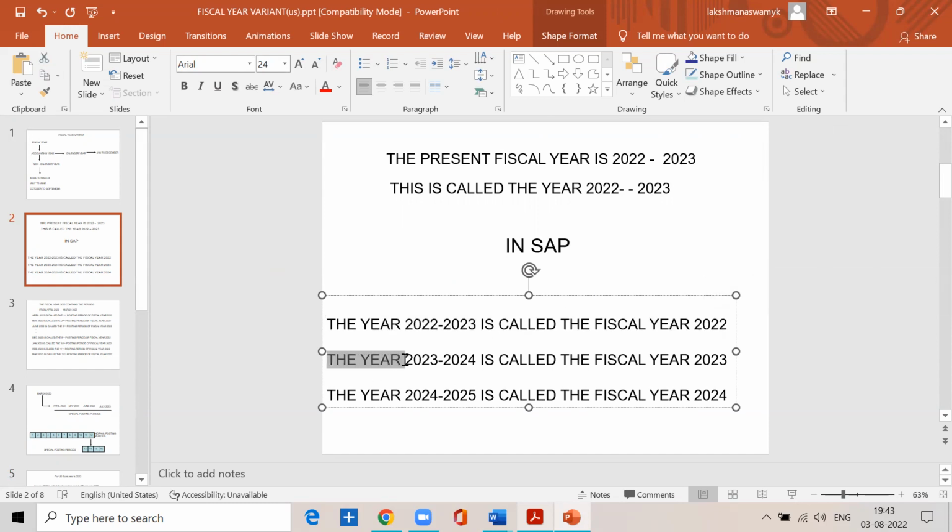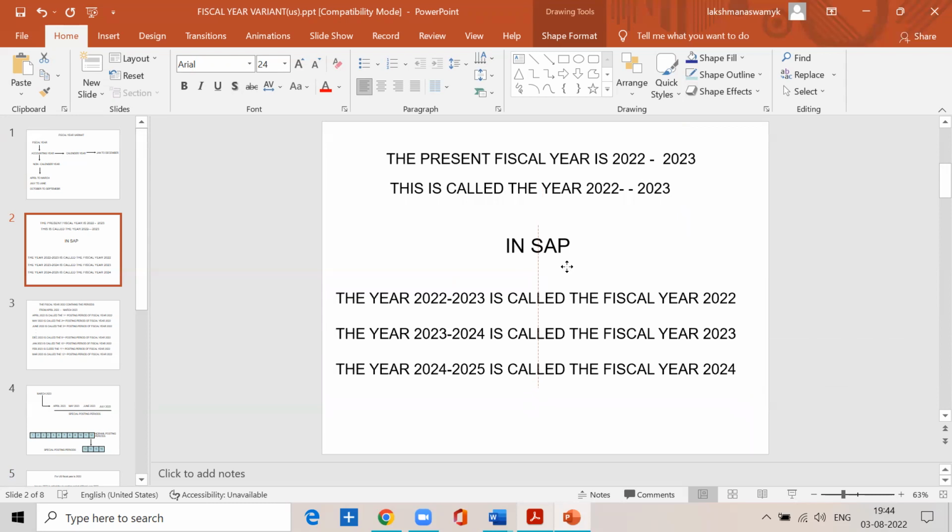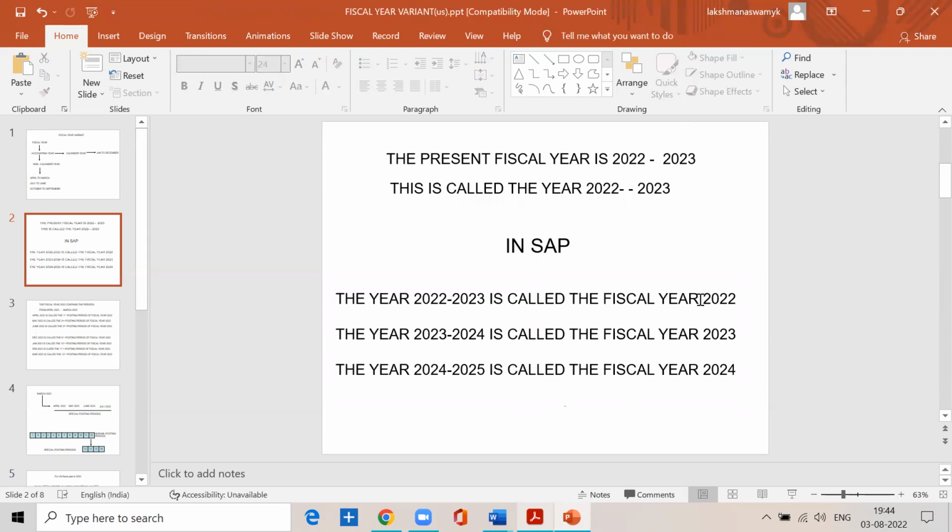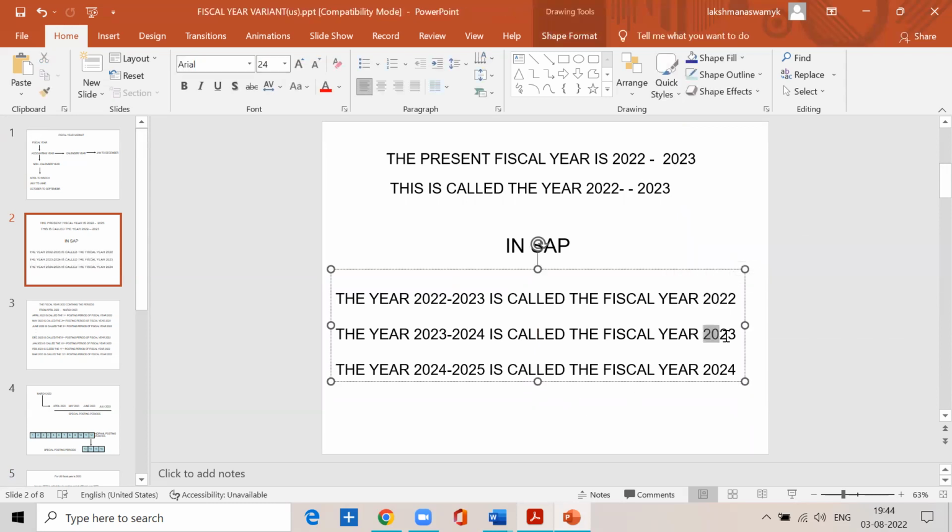Then the year 2023-2024 is called fiscal year 2023. And the year 2024-25 is called fiscal year 2024. Wherever you need to enter the fiscal year, you enter only 2022, 2023, 2024 like that. You cannot enter in this format.